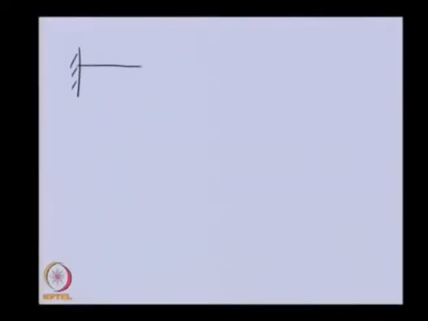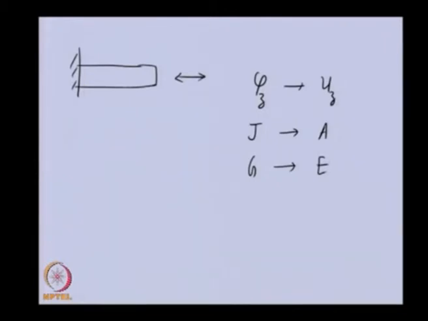If we are talking about a shaft having axial, that means longitudinal, vibration, we need to replace the angular displacement we took in the torsional vibration by the linear displacement, the polar moment of area J with A, G with E, and torque with force.